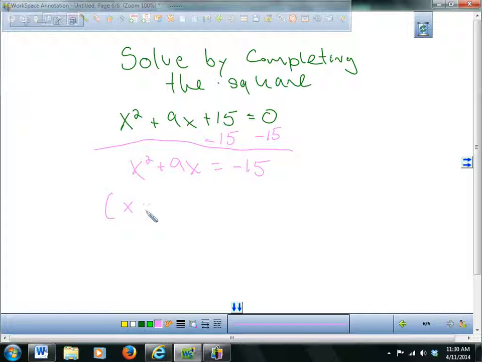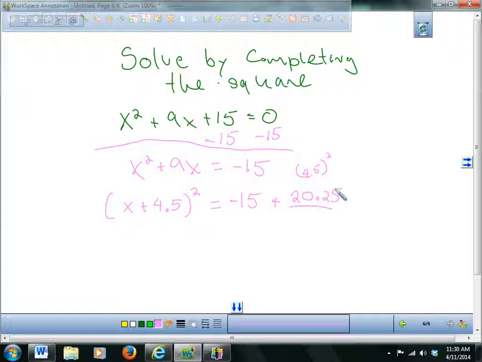What's half of 9? 4.5. x plus 4.5 squared equals negative 15 plus, how much have I added? 4.5 squared. If I square that, I have added 20.25.